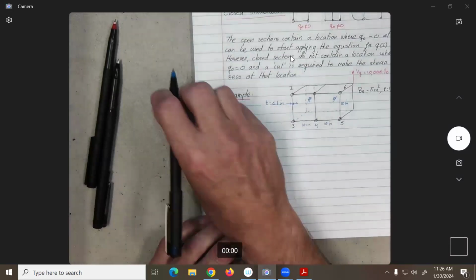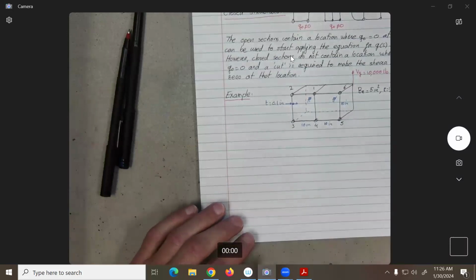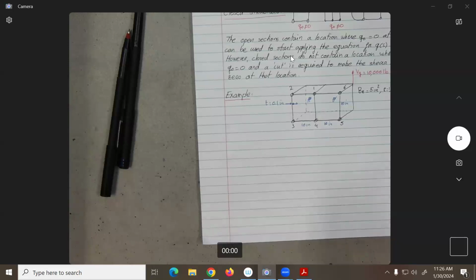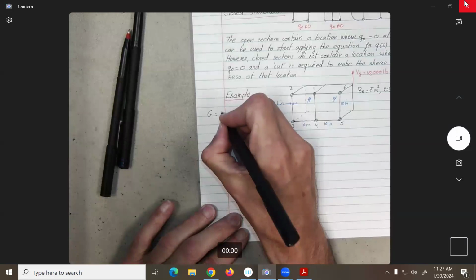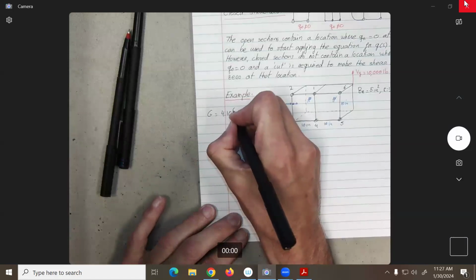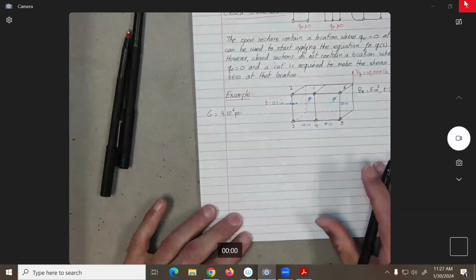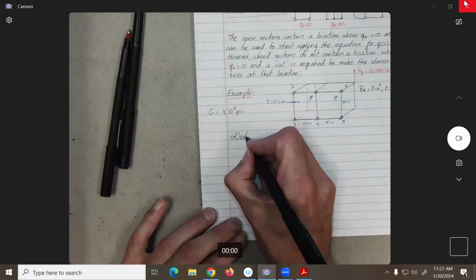They also give G equal to 4 times 10 to the 6 psi. I don't think we're going to need it, but in case we need it.